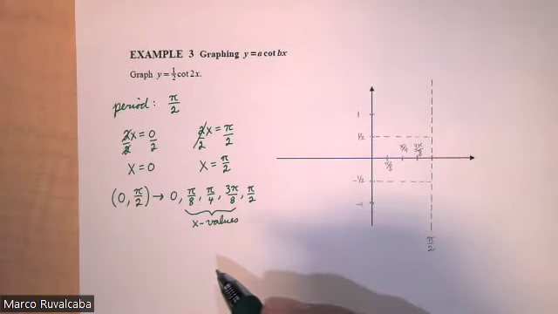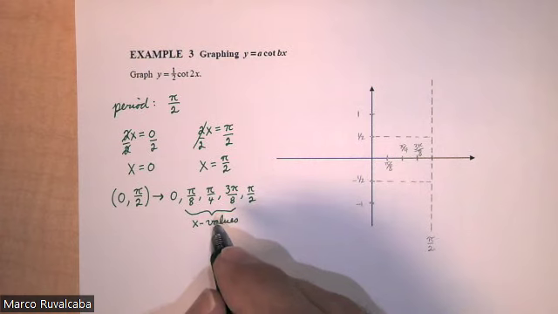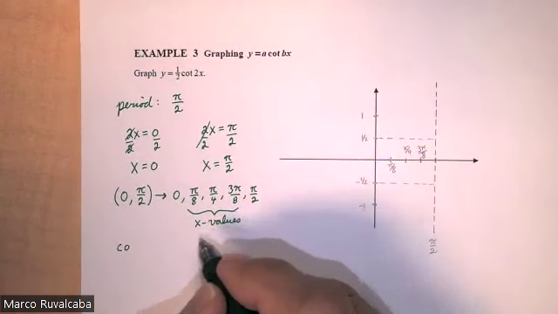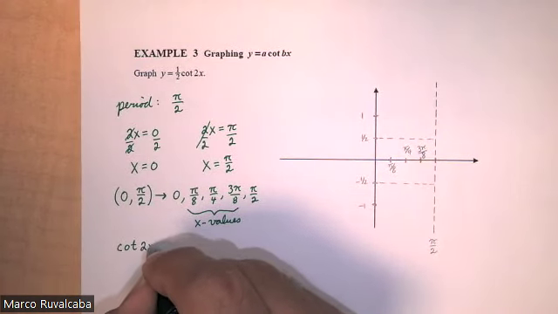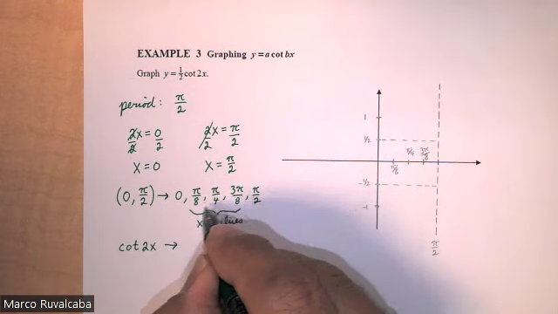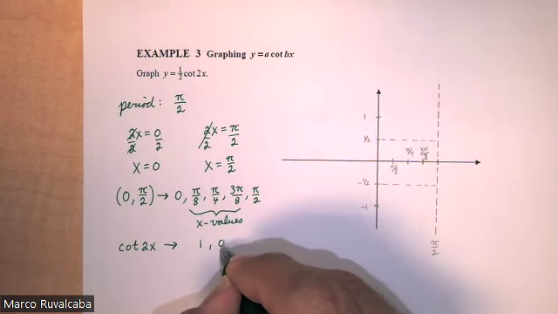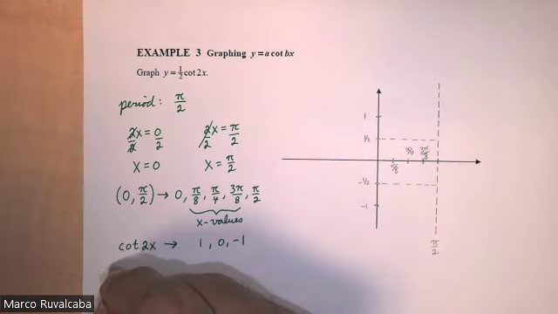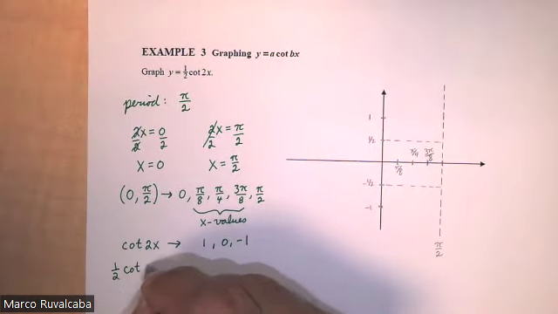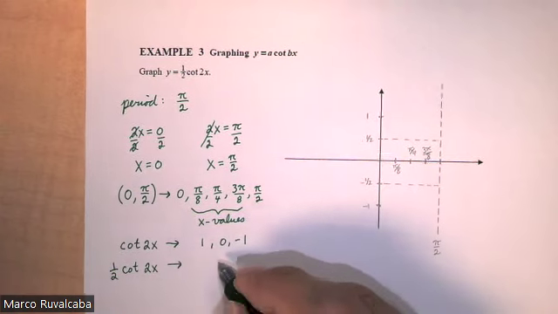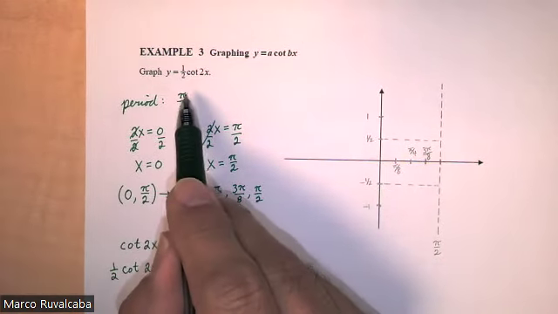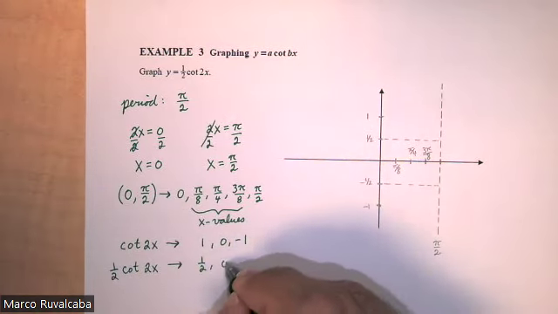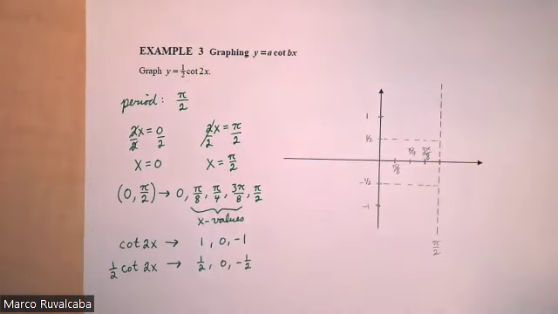And then if I take the cotangent of those, right? I would multiply those by 2, and then if I take the cotangent of those three, I would get 1, 0, -1, right? And then get half of that. So I'm abbreviating this without the table. Then you get half of those because in the function, we got to multiply it by a half. So that'll be 1/2, 0, -1/2.